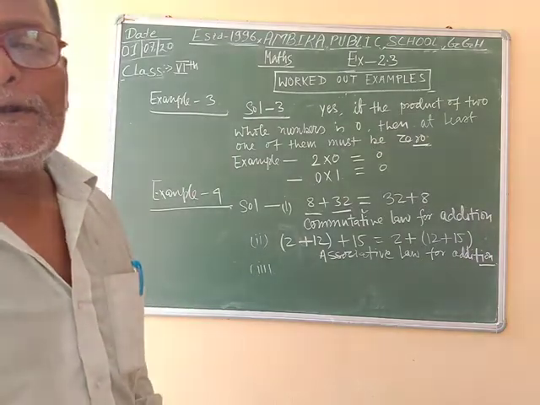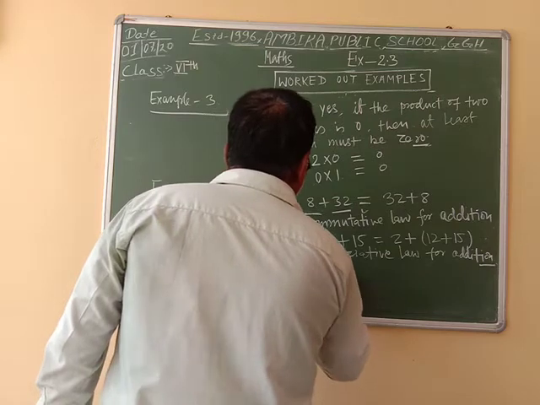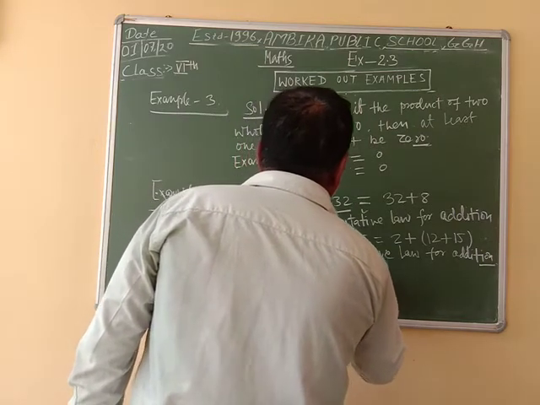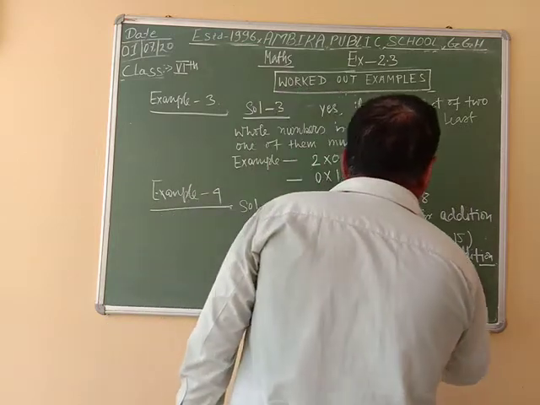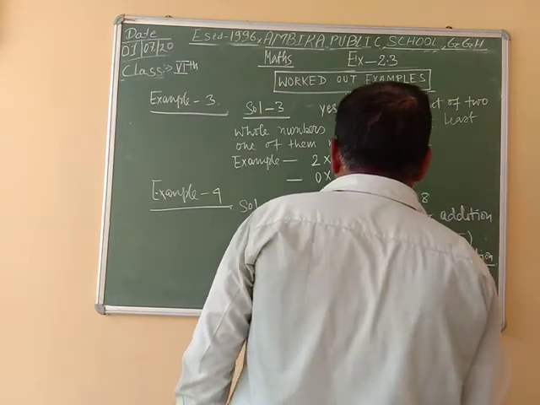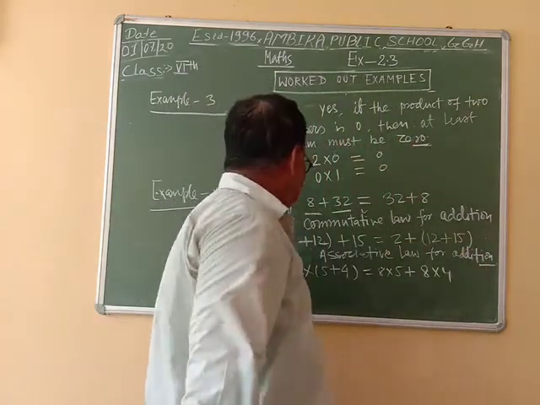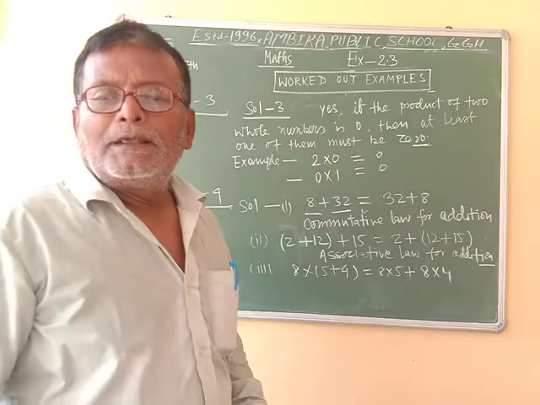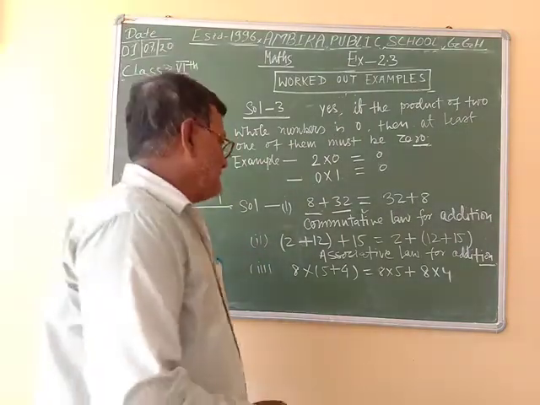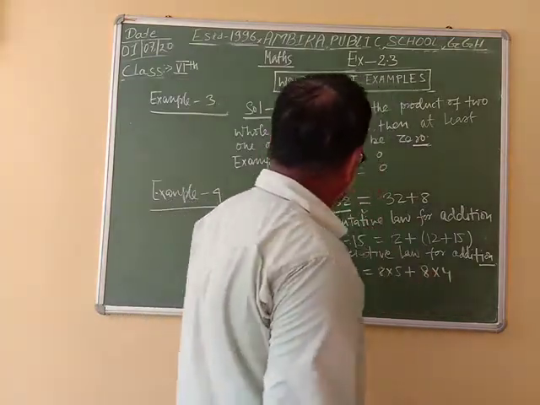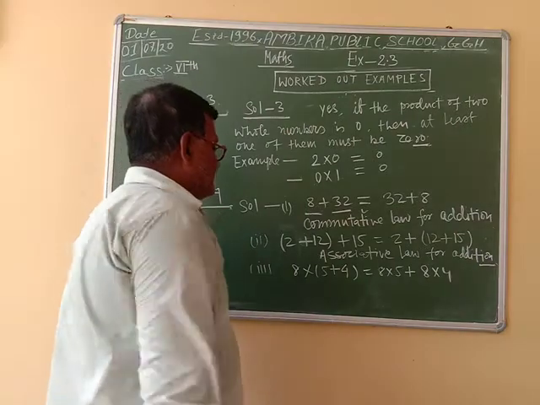In question number 3, 8 into (5 plus 4) is equal to 8 into 5 plus 8 into 4. This law represents the distributive law of multiplication over addition.